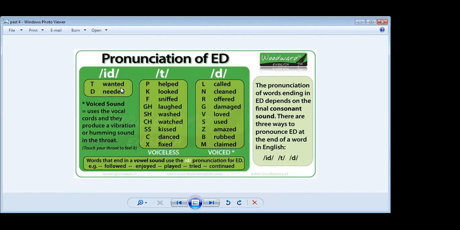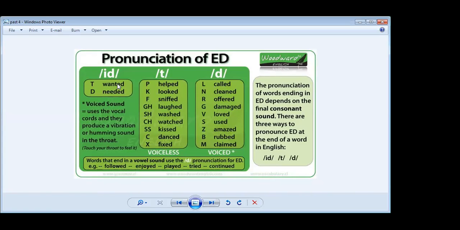So can you notice? I pronounce it id. Okay, can you notice that? Wanted, needed. Can you notice the last letter D? So id, I have to pronounce it id. Needed, wanted. Okay, student?